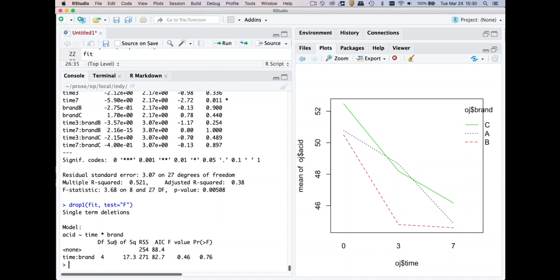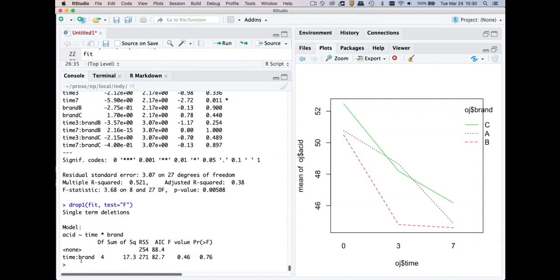Okay, so what's a non-marginal term? It's something that doesn't have something underneath it. So time and brand both sit underneath the time-brand interaction. Therefore, we don't test those yet. So it's good practice: you don't test a main effect if you have an interaction. There's a reason for that. What is an interaction?